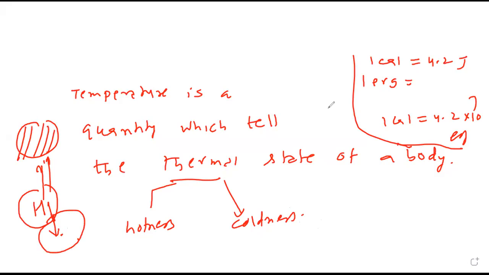So heat is the internal energy of the molecules constituting the body, and temperature is the degree of hotness or coldness, which determines the flow of heat when two bodies at different temperatures are brought in contact. The unit of heat is joule, erg, calorie, kilocalorie.